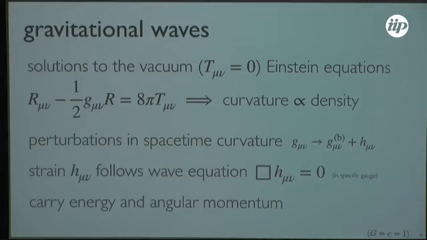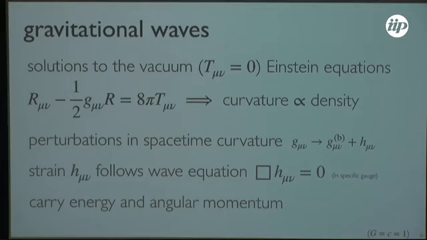These perturbations may follow a wave equation, and that's what gravitational waves are. These phenomena carry energy and momentum from their source, just like electromagnetic waves do, and we can detect them and try to learn about the source by looking at their properties.